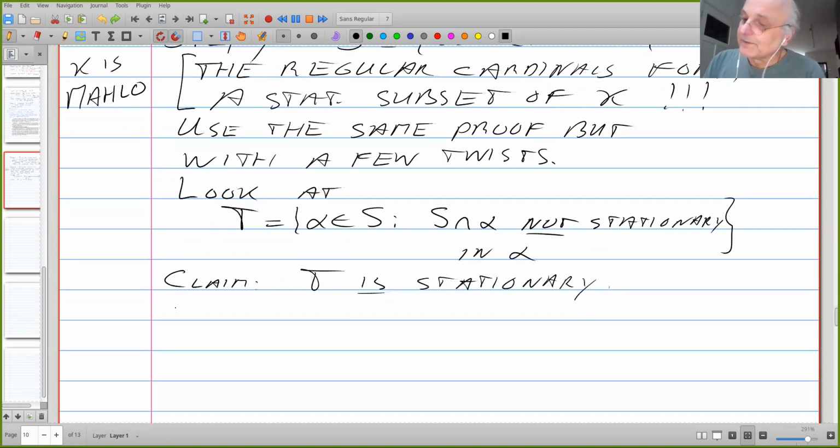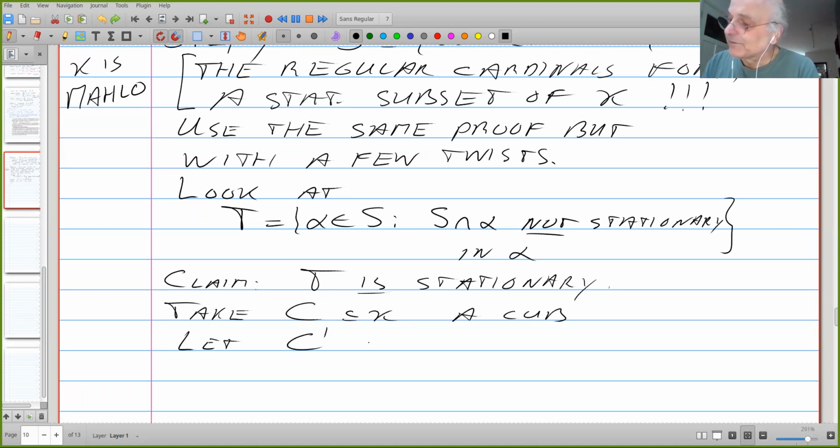Okay. Take C, a club. Let C prime be the set of limit points. And what does that mean?